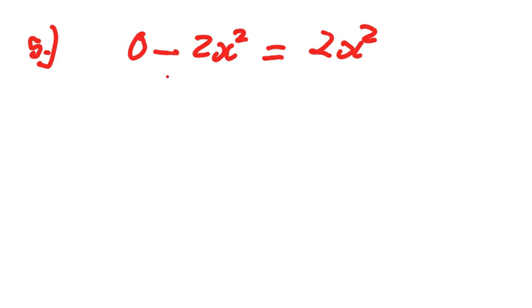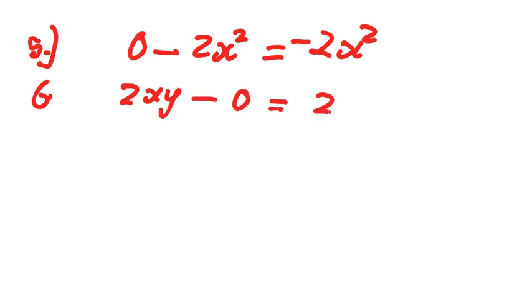So it's negative 2x squared, because 0 minus this doesn't change anything. It keeps this number the same with its sign. Even if I have 2xy minus 0, my answer is going to be positive 2xy, because 0 will not change anything to it.